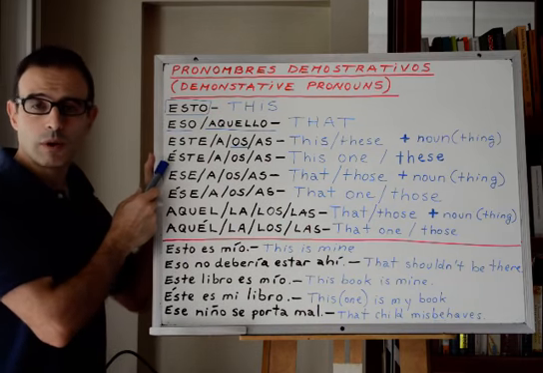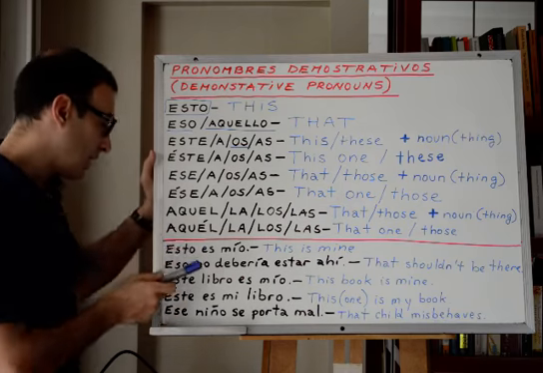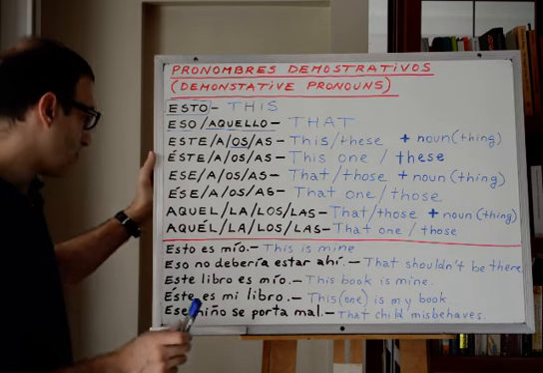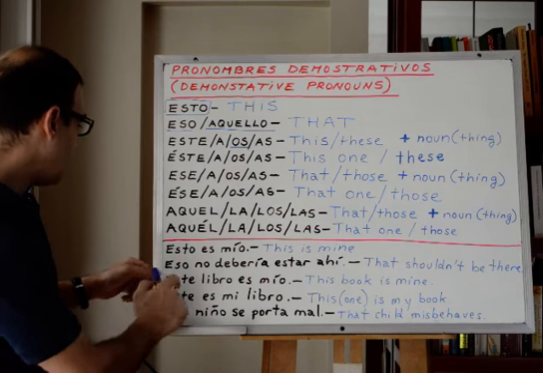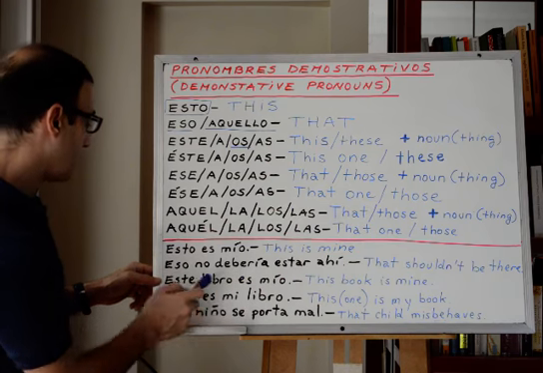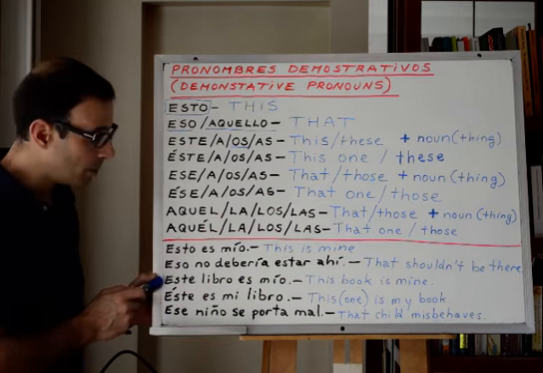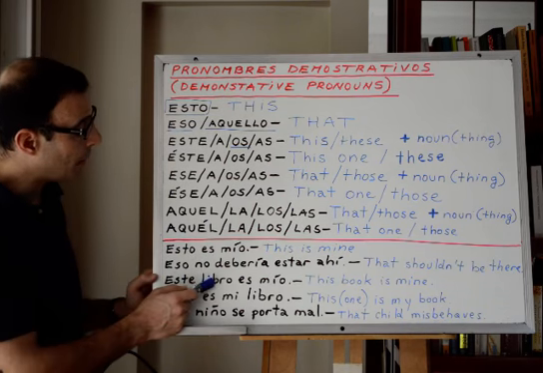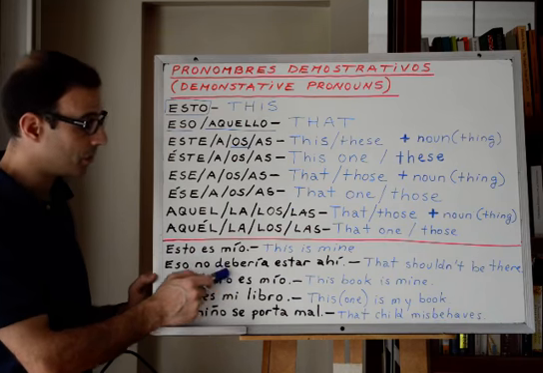And when it is not followed by the noun, you use it with the accent mark. Here, in this example, it's more clear. Look at this. Este libro es mío. This book is mine. You can see that este has no accent mark because it is followed by the noun, libro, the thing we are referring to.